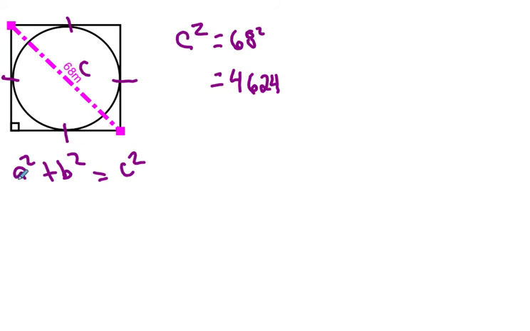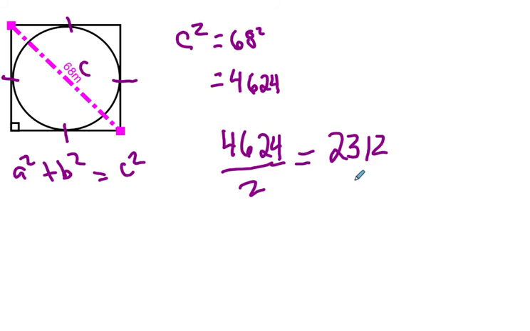Now this is where we have to think through our question. I know that the a squared and the b squared values are going to be exactly the same because these lines are exactly the same length, which means I have two of those. So I am going to take my 4,624 and divide it by 2 so that I can find out the value of one of these. That gives me 2,312.